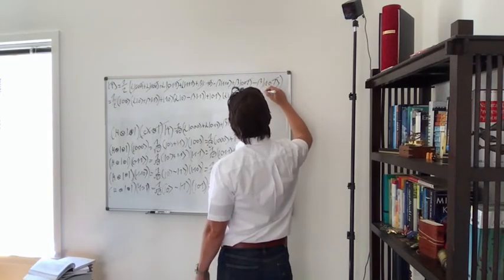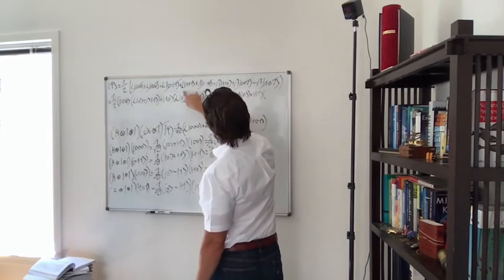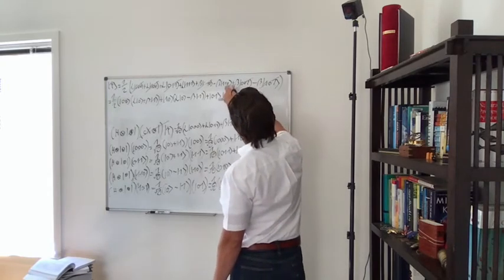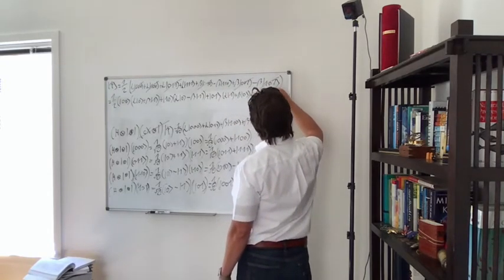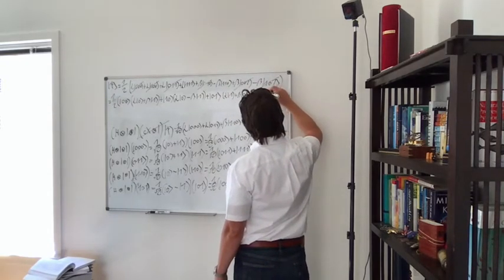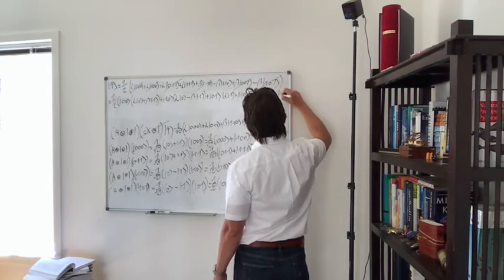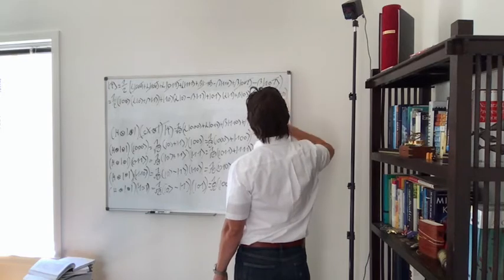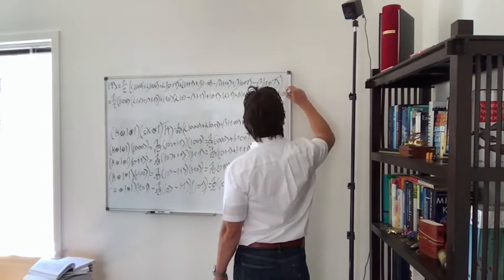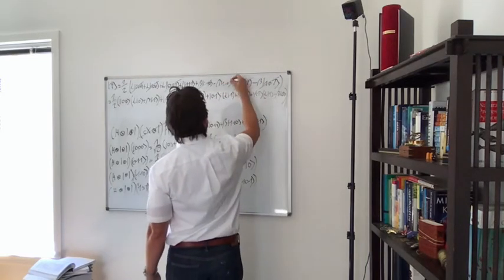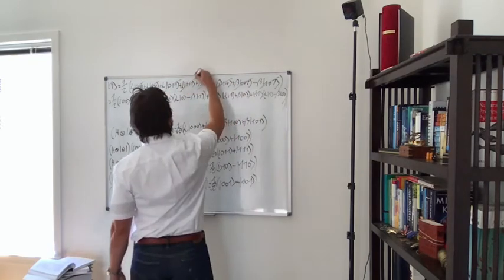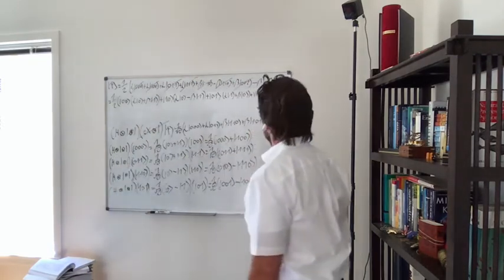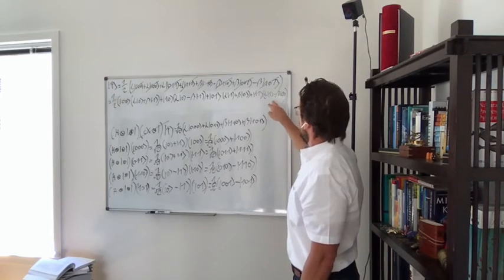Gives us the amplitude alpha for 1 and the amplitude minus beta for 0. Okay, so we end up in that state.